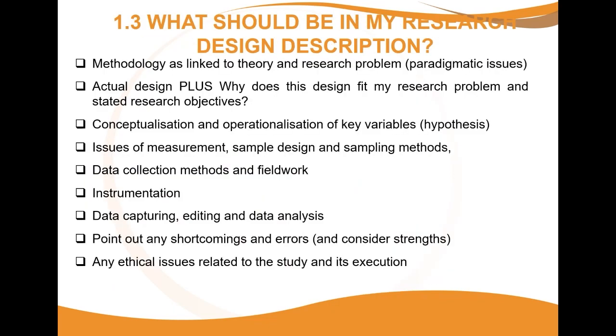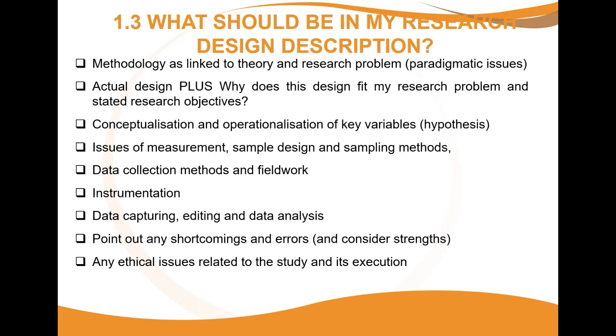What should be in my research design description roughly? Usually there is a section where we talk about how my methodology is linked to the theory that I've chosen and my research problem. So it roughly starts off with my paradigmatic issues. And I'm going into paradigms a little bit more intensively just after this.